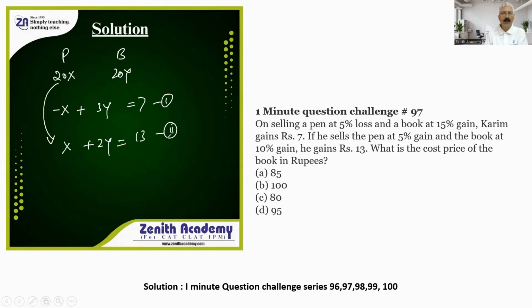So if I add equation 1 and 2, then 5y is equal to 20. So y will be 4. Now the question is, what is the cost price of the book? Book is 20y. So 20y means 20 into 4. 80 rupees is our cost.